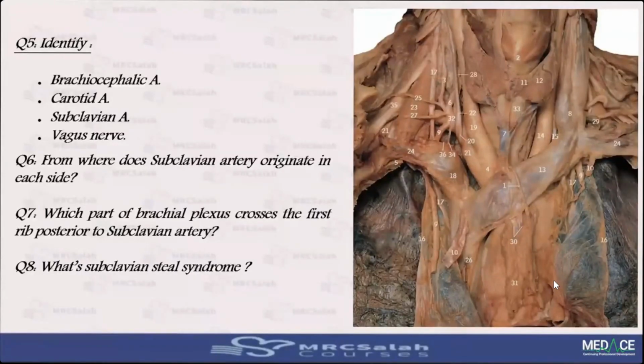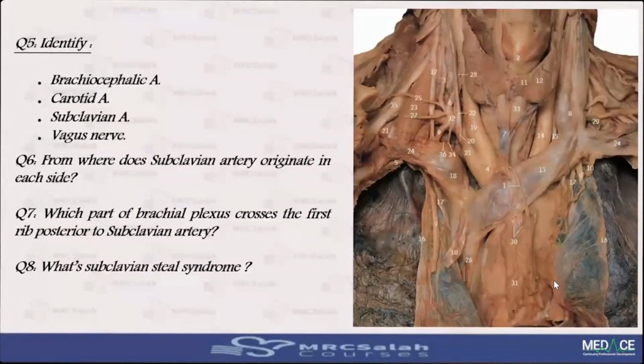occlusive syndrome. The retrograde blood flow from the subclavian artery into the vertebral artery is due to occlusion in the subclavian artery proximal to the vertebral artery.